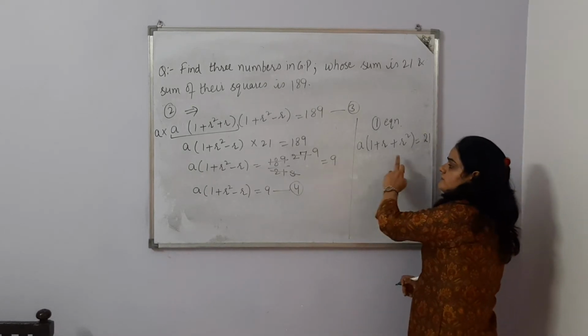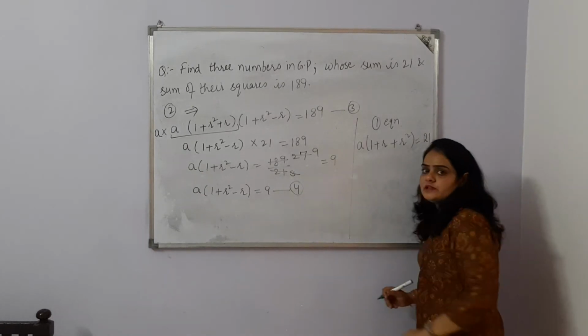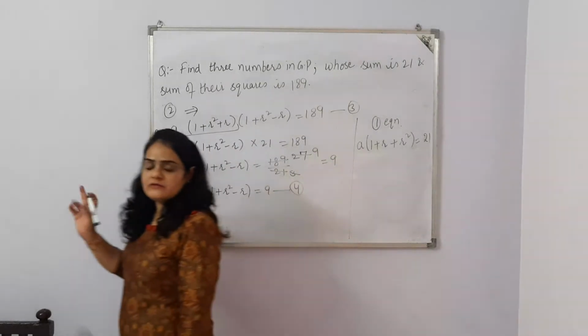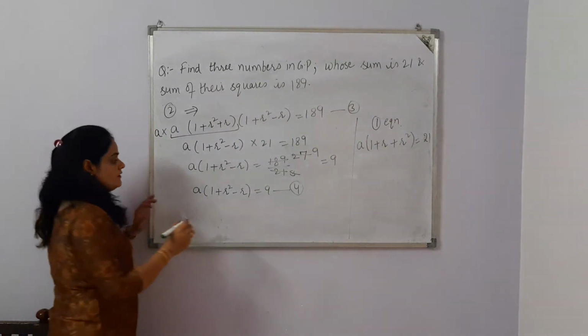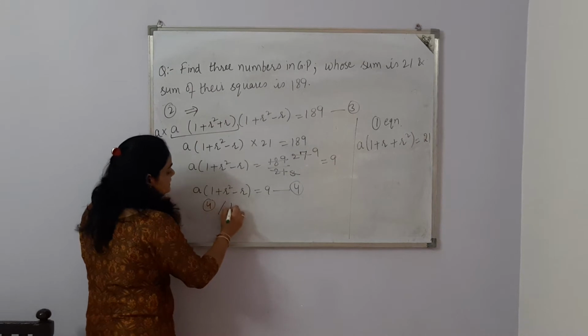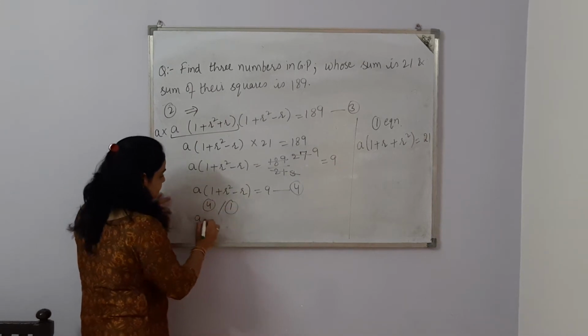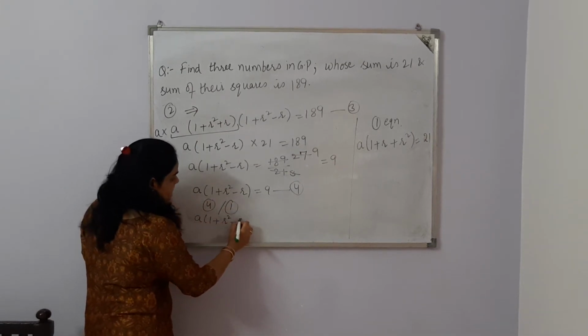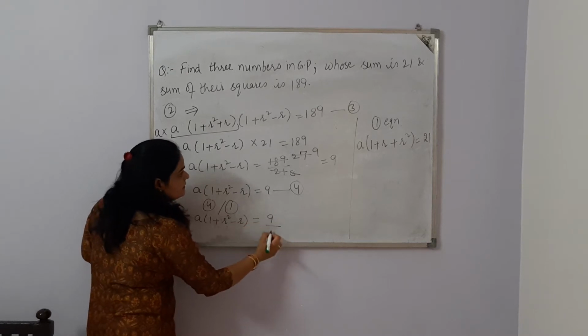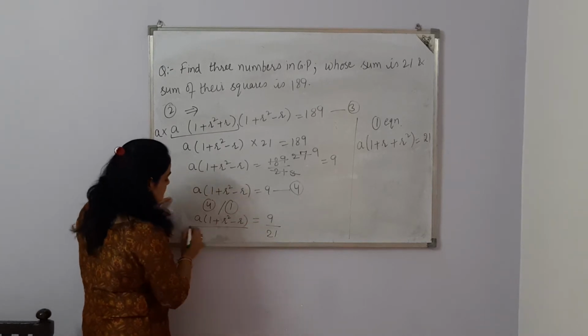So if I divide these two terms, a will cancel out with a and I will get one equation which is in r only. So I am dividing 4 divided by 1. 9 by 21.